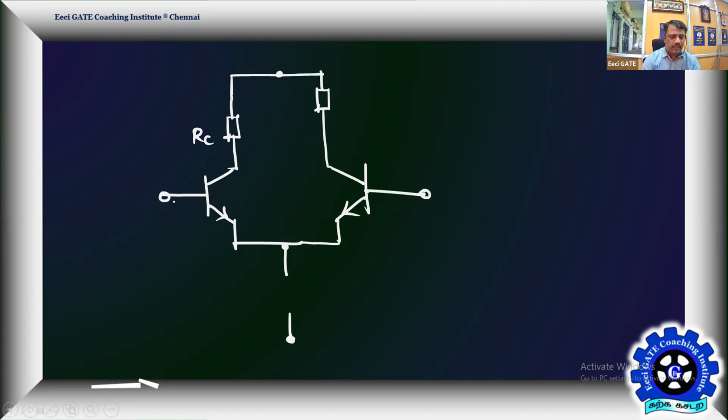Let me have a copy of the structure. This is V1, this is V2, the non-inverting terminal and inverting terminal of the DA. This is transistor Q1, transistor Q2.